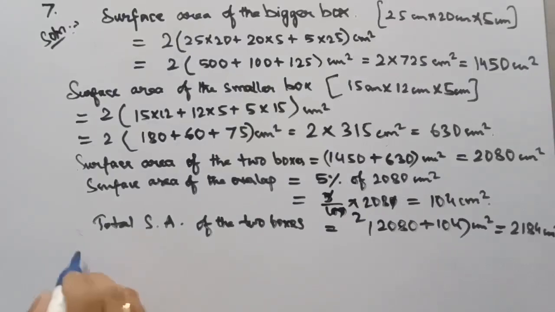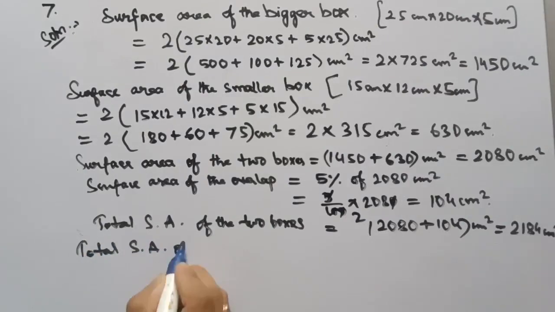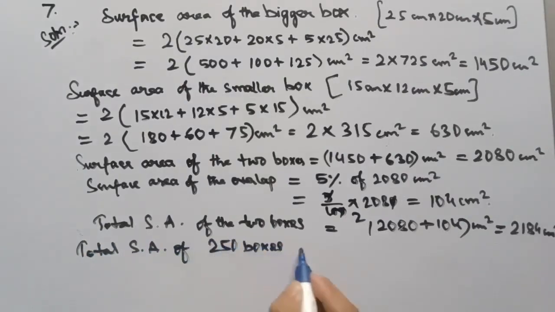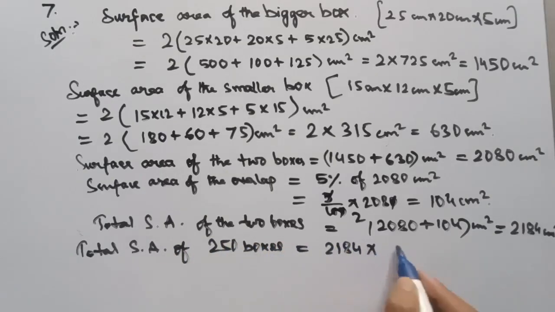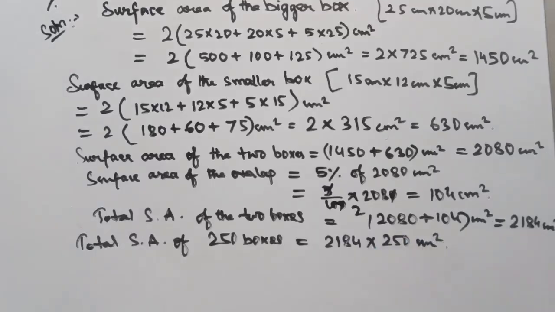Next, we will find the total surface area of 250 boxes, equal to 2184 into 250 centimeter square. Next, let us find the cost of the cardboard required. Therefore, cost of the cardboard required.